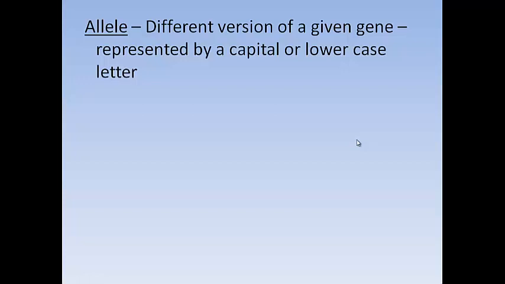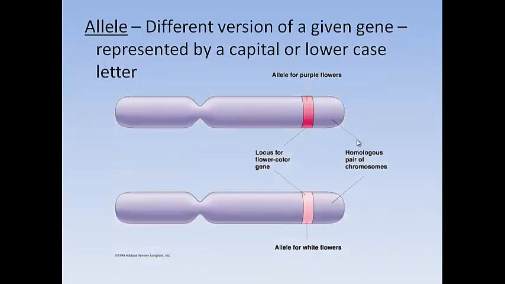Now, genes come in different versions. So each gene can be represented by a capital letter or a lowercase letter. In our example here, we have a gene that controls the color of flowers on this homologous chromosome.